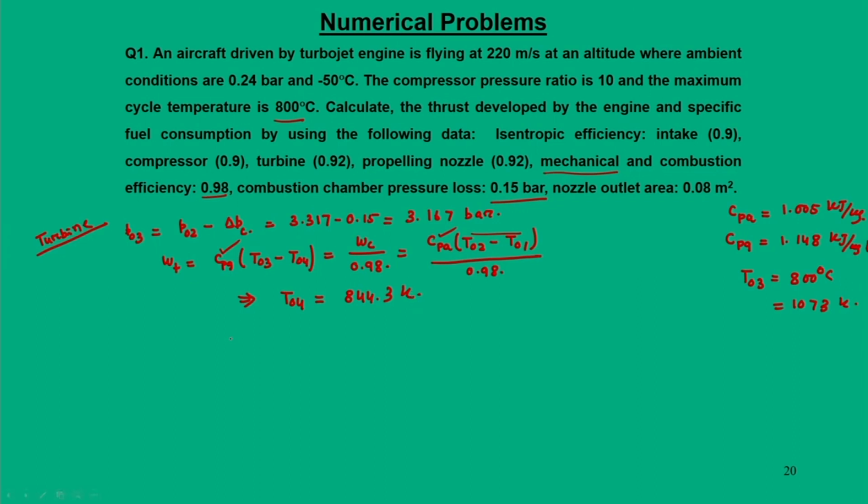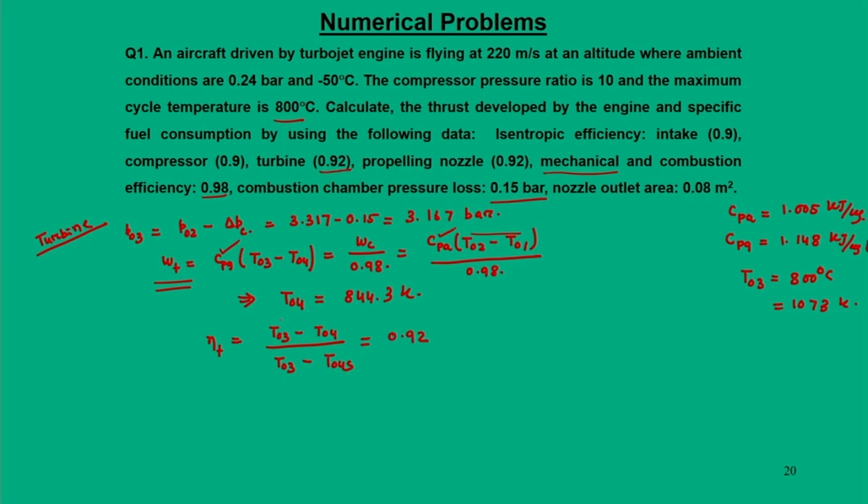Further, we also require T04s, so we can rewrite this turbine work by incorporating turbine efficiency as (T03 minus T04) divided by (T03 minus T04s), and that is nothing but 0.92.